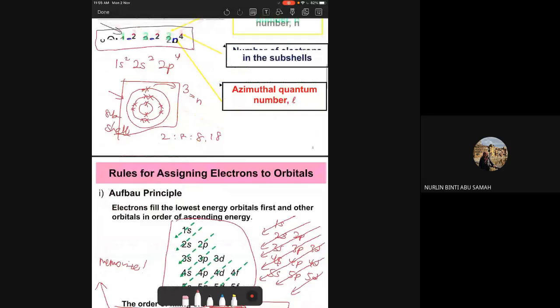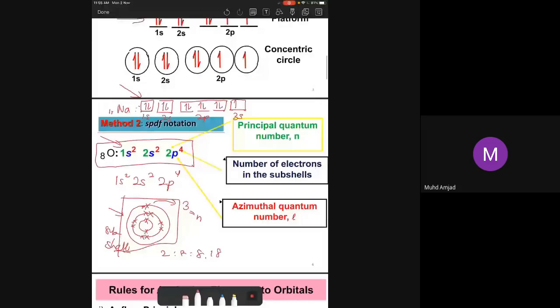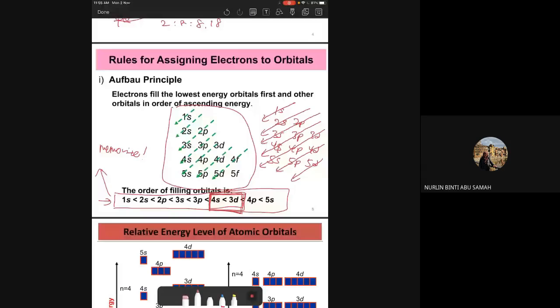SSP tu apa? Amjad? Yang satu S2, 2 S2, 2 P4. Oh, panggil SSP. Okay, dia sebenarnya yang susun atur tu kan? Ya. Untuk configuration tu memang SSP.